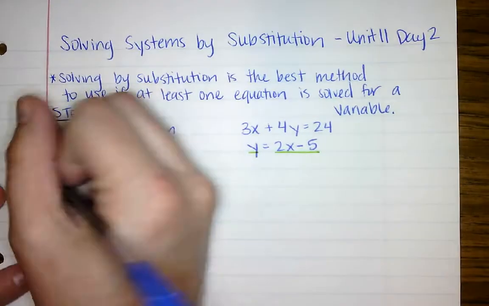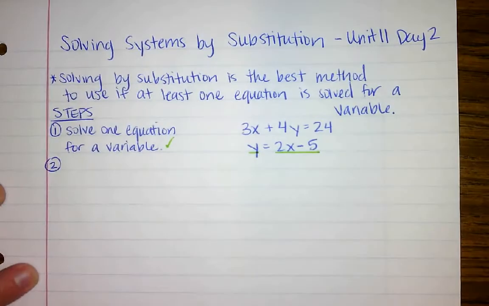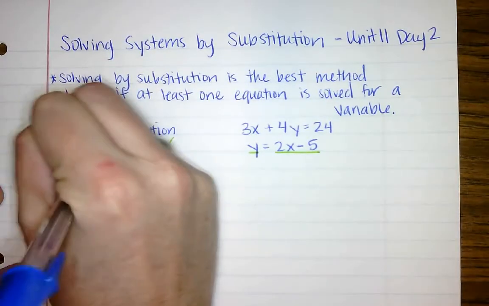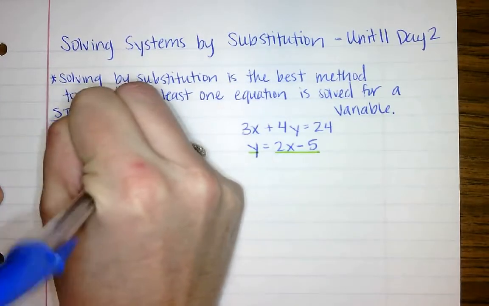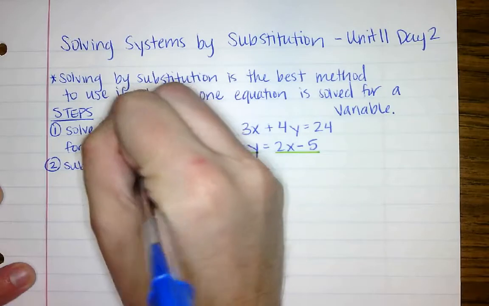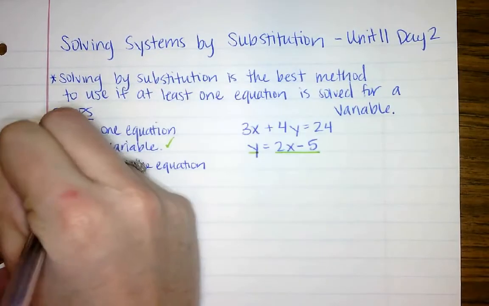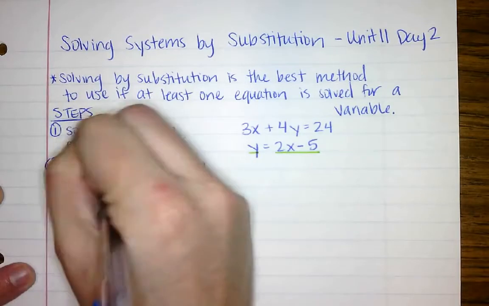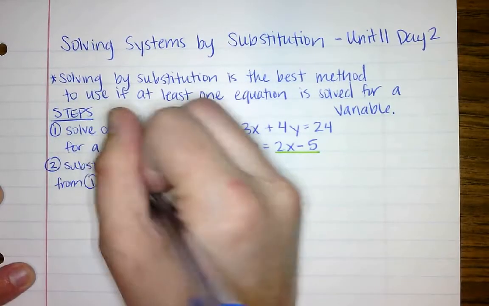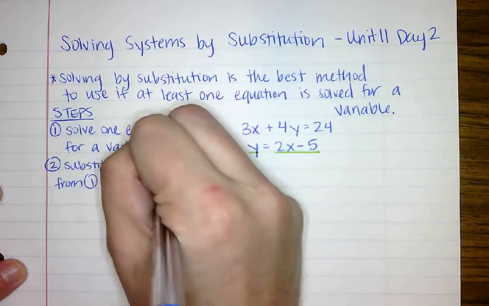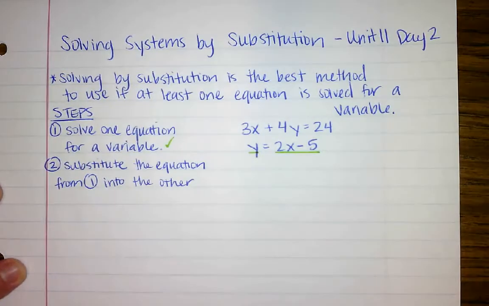You look at it and recognize that one of your equations is already solved for a variable. Your second step, hence the name of the method, is to substitute the whole equation from step 1 into the other equation for the variable. Hang with me on this.